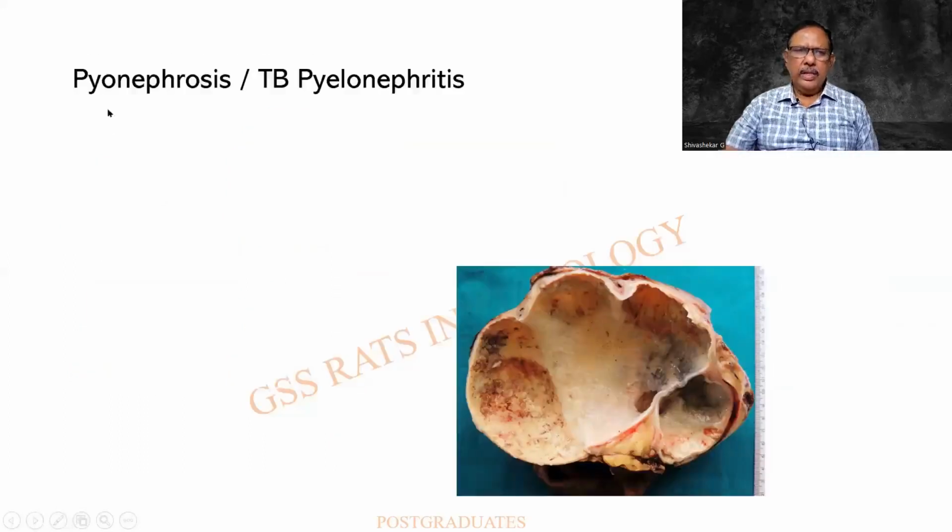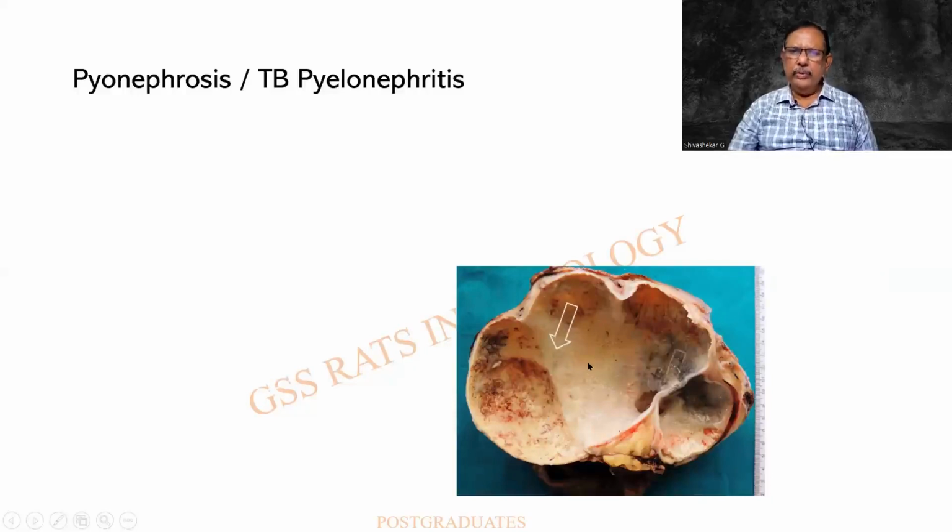Now, this is a slide of pyonephrosis and tuberculous pyelonephritis. Pyonephrosis is where the kidney is converted into a bag of pus. Chronic pyelonephritis, particularly in the case of tuberculosis, has a different appearance. And in any case of pyelonephritis, you find that there will be the ragged inner surface, as can be pointed out by this.